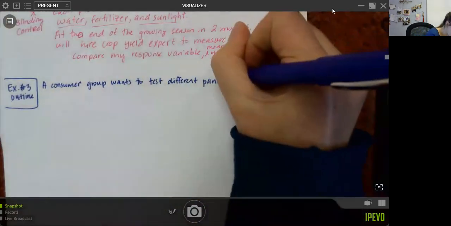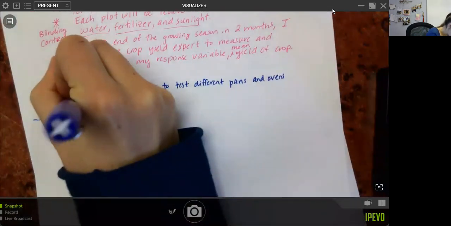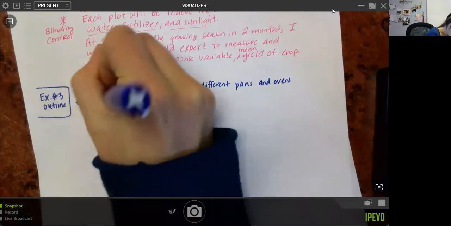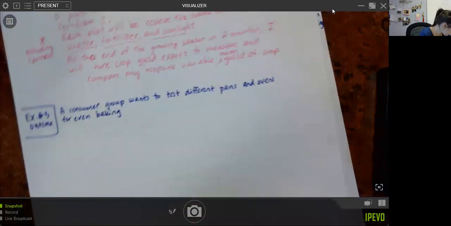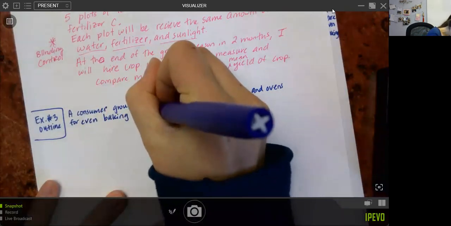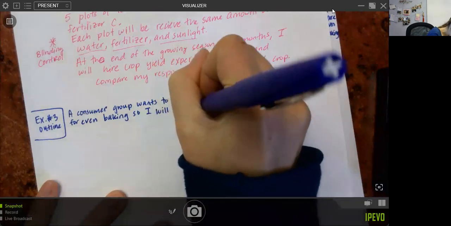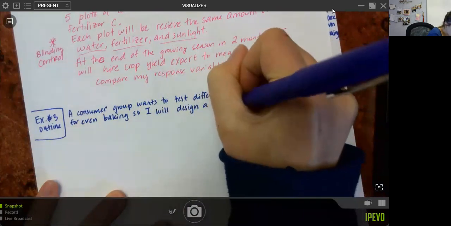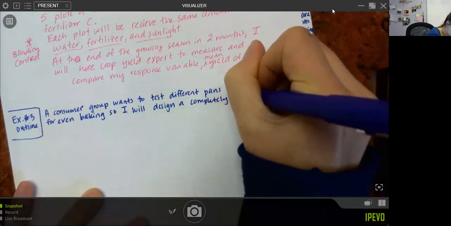Look what I'm doing. This is plagiarizing from the problem. Now they're also testing ovens for even baking. So this is my context here, okay? So I will design a completely randomized experiment.